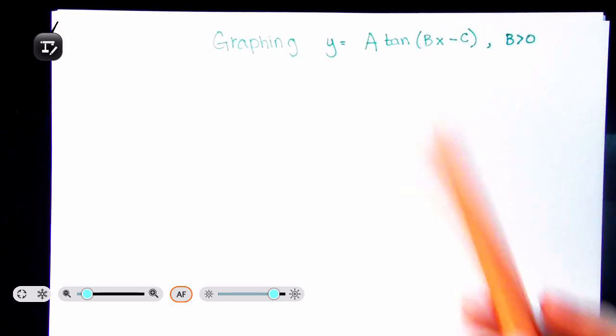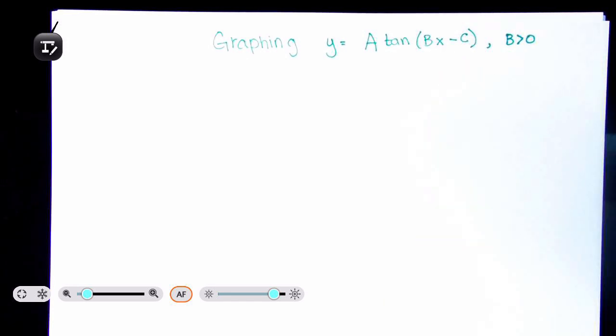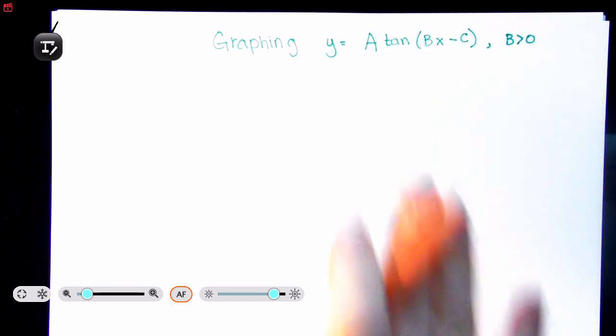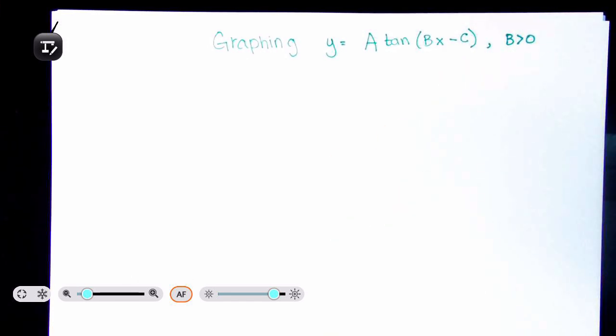So when we are dealing with a tangent function like this, in this format, there are four things that I'm going to be pointing out to you.